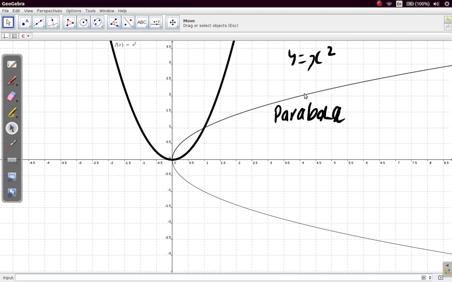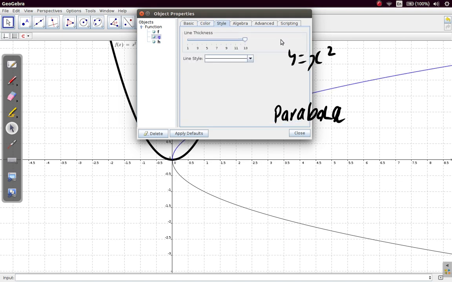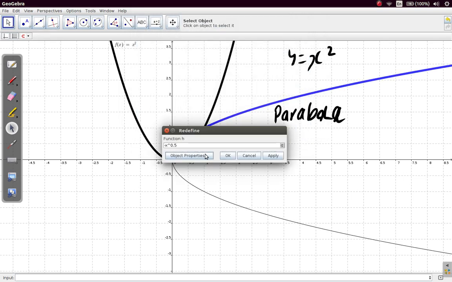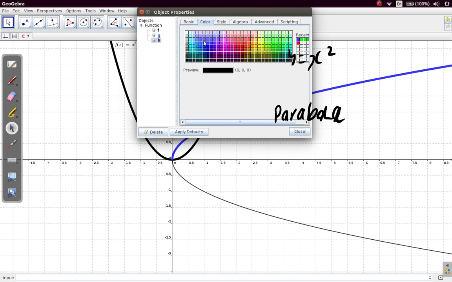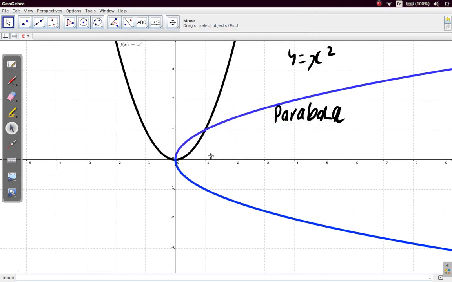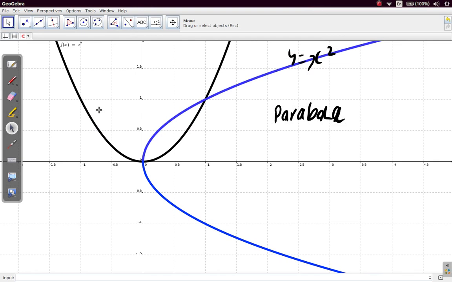Good. So let me make these graphs in blue color, and make them thick. Make this in blue as well and make it thicker so you can see it easier. So this is really y equals x squared turned sideways.